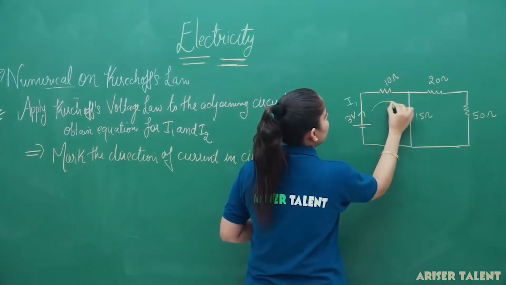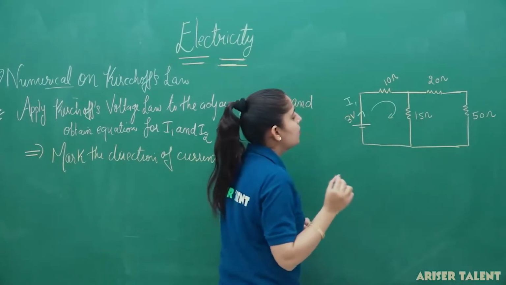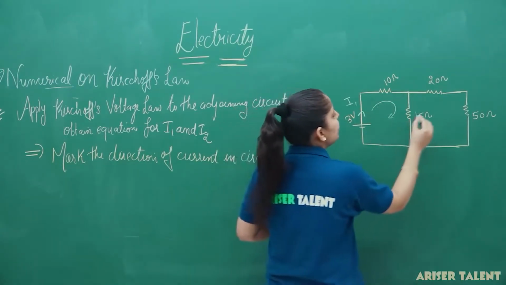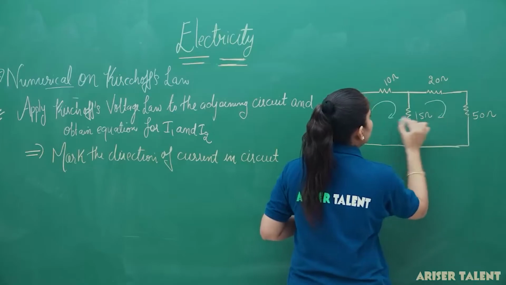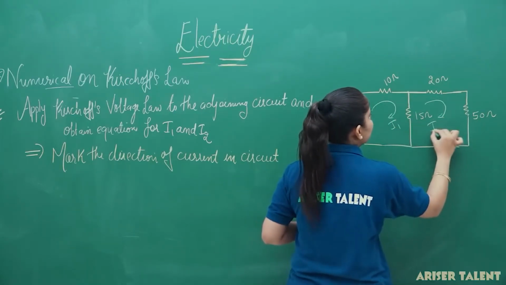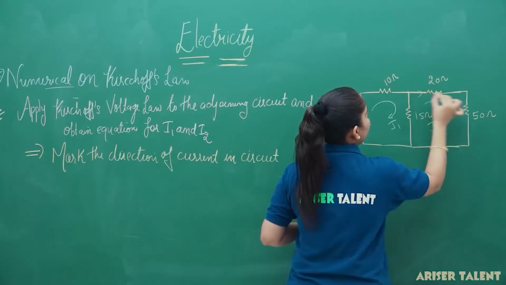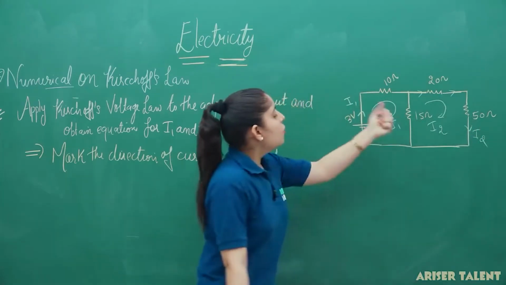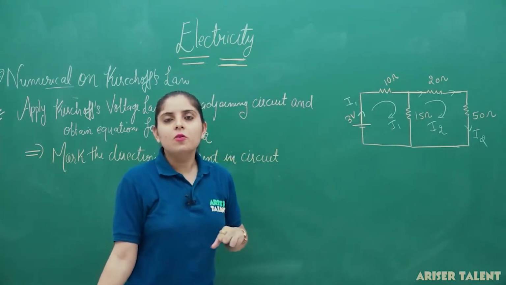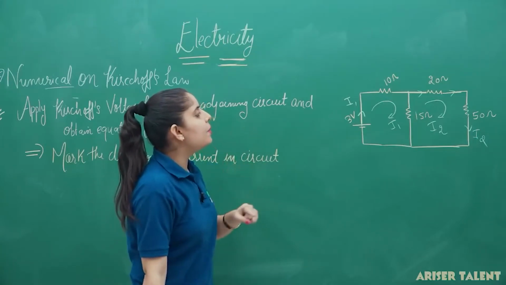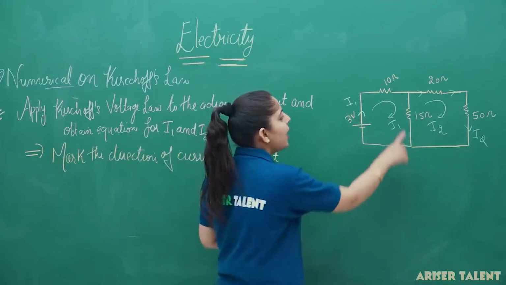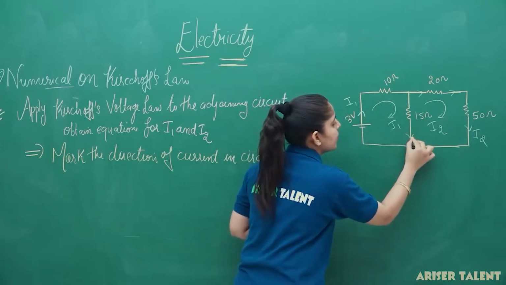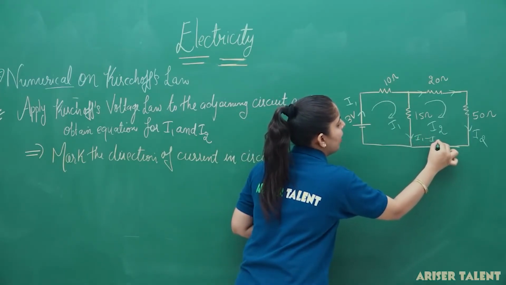So, this current will be going like this. Now, for this circuit, similarly, we can draw the current like this. This is our current I1 and this is our current I2. So, I2 will flow from this part. Now, what current will the 15 ohm resistor obtain? The current in the 15 ohm resistor will be I1 minus I2.